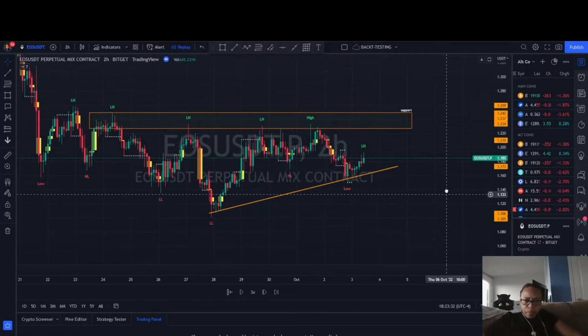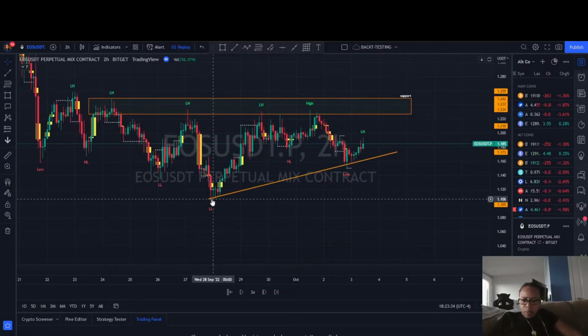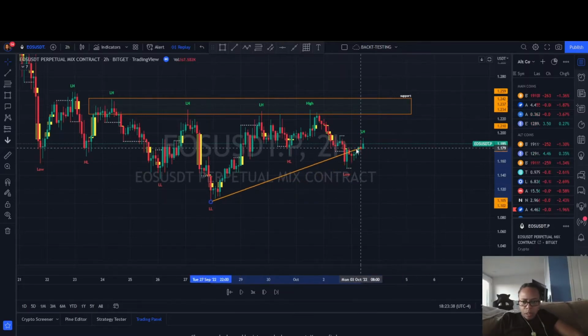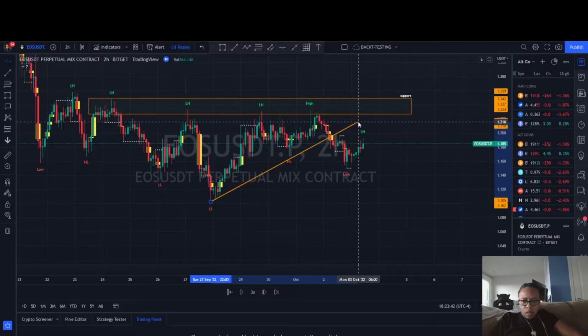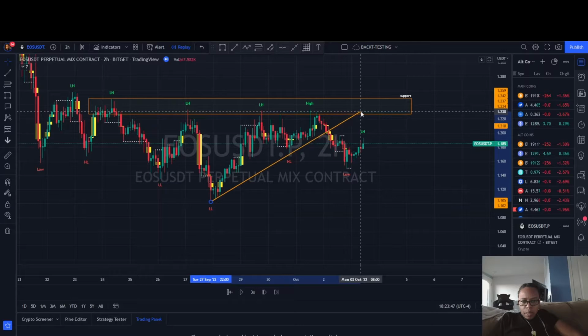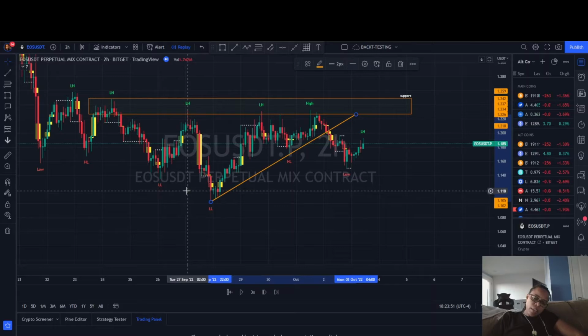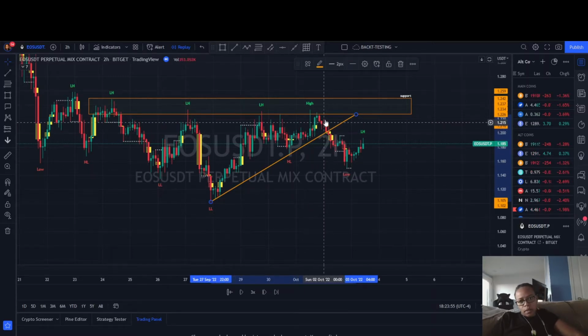And drawing this, so if we're going on a little bit of an uptick here, let's see. If I were to draw it this way, I'd get way more touches, and that would have been, was that a bear flag?